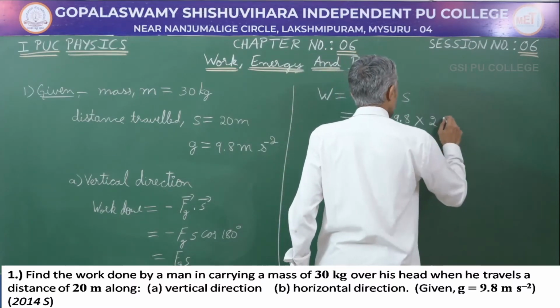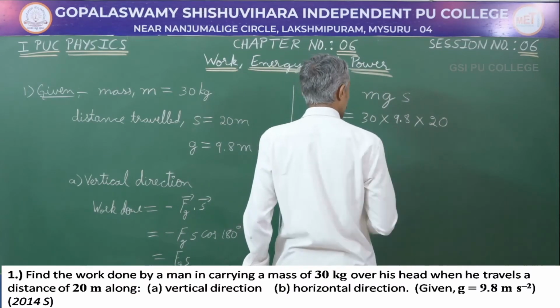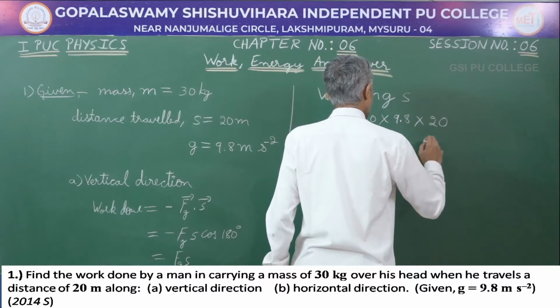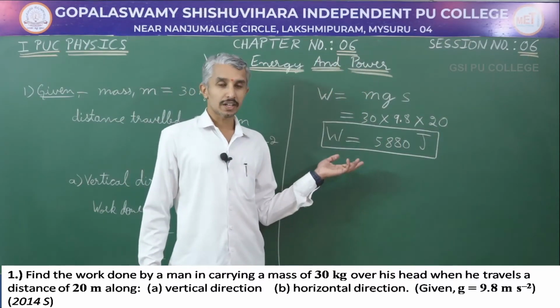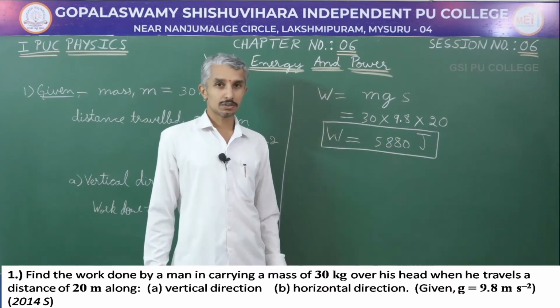Distance travelled is 20 meters. On calculation, I will get this as 5880 joules. The work done in carrying a 30 kg mass by 20 meters vertically up is 5880 joules.